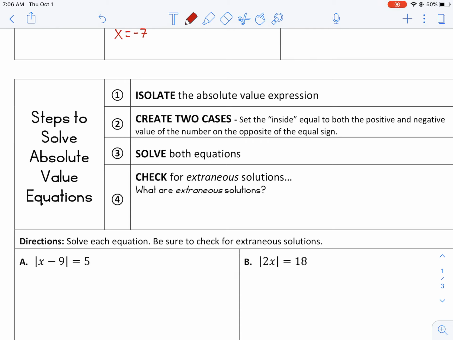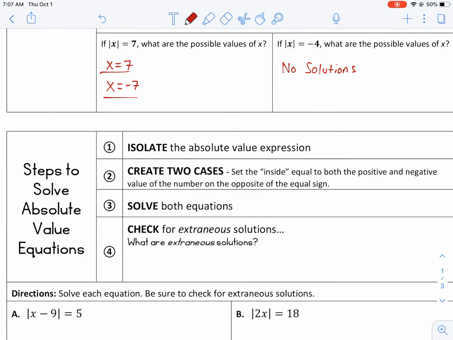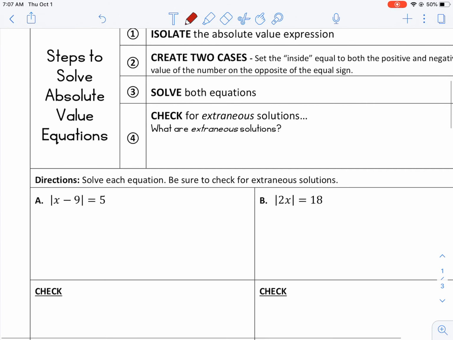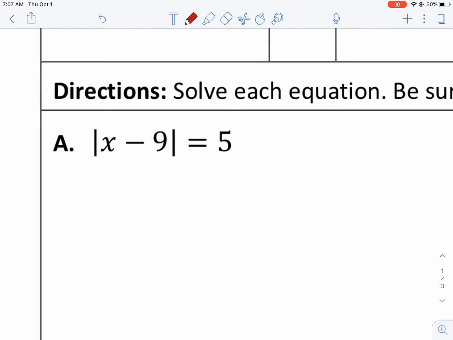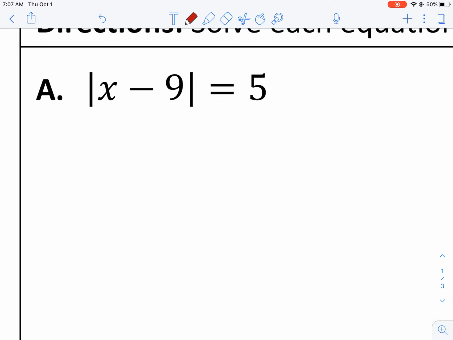When you're solving absolute value equations, the first thing you want to do is isolate the absolute value, okay? And then you're actually going to create two cases, okay? Because you have the positive case and you have the negative case. We'll talk about extraneous solutions later, but okay, so we want to figure this out.